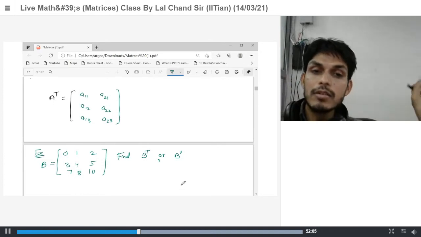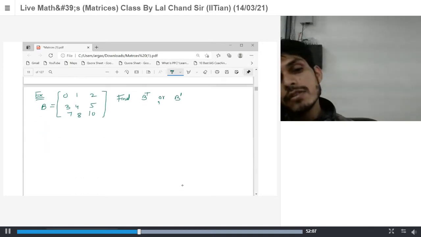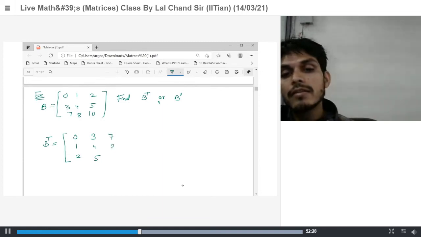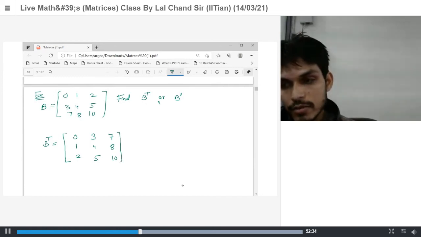So if I write down B transpose here, this is the B transpose.